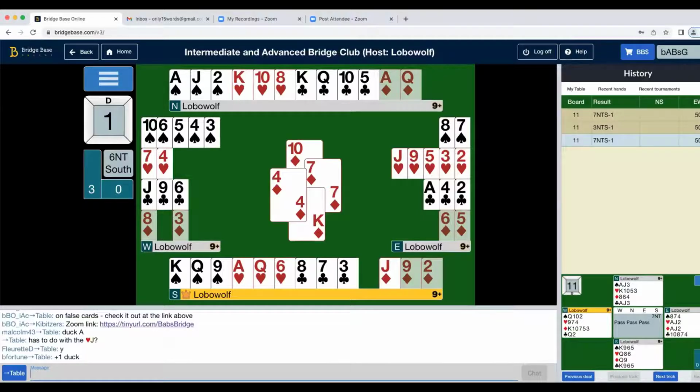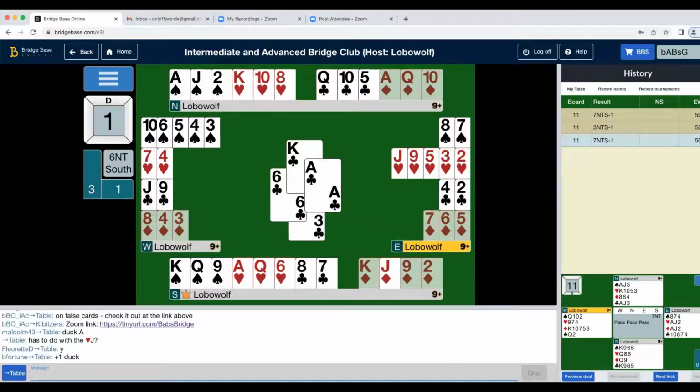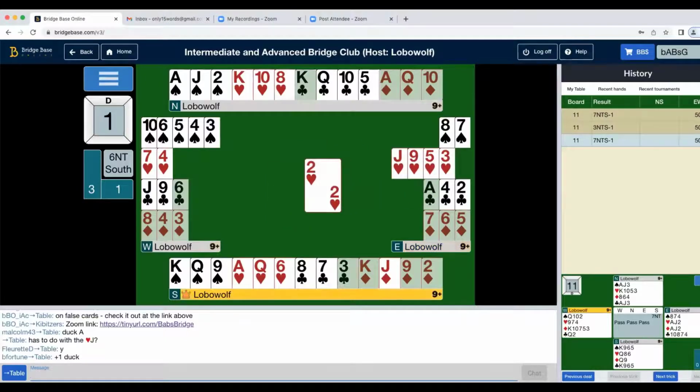Well, maybe not 2, but eventually South leads up to the king, because it would be embarrassing to lead up to the 10 and lose to the jack and the ace and be down right away, right? East wins.